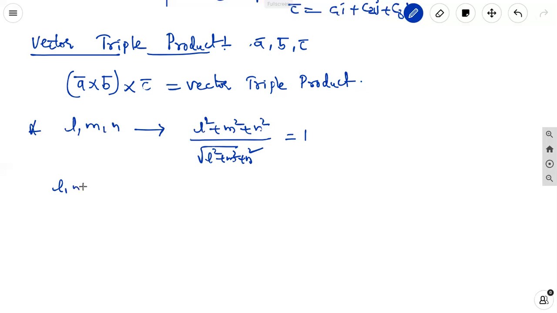If L, M, N are DCs, then they satisfy the relation L square plus M square plus N square is equal to 1. If L, M, N are DRs, then L square plus M square plus N square divided by the square root of L square plus M square plus N square is equal to 1.